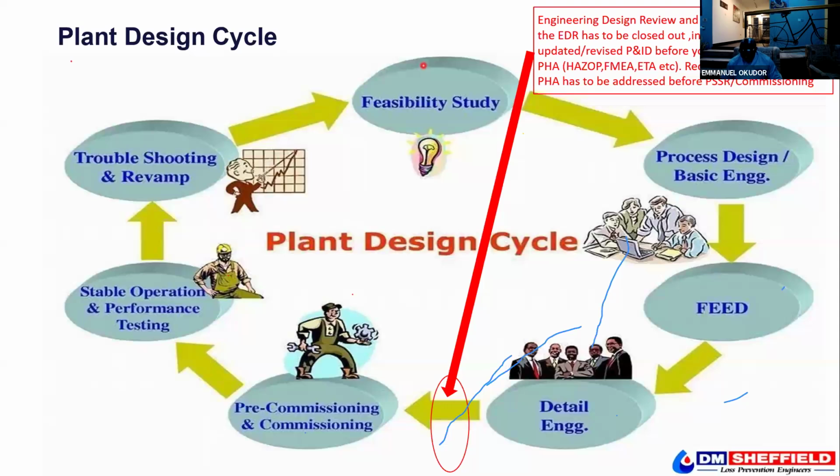Post engineering design review and also post PHA. That is where at some point we talk about post hazard. And post hazard does not really mean that we come together again and start reviewing the hazard as a hazard workshop.